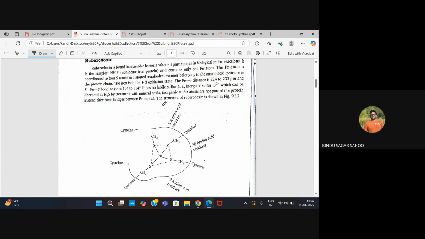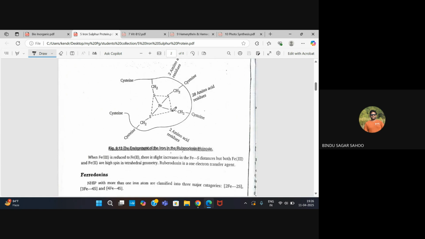Inorganic sulfur is sometimes called labile sulfur. Here there is no sulfur in between the irons, and all these sulfurs come from cysteine amino acid residues. So in rubredoxin, four sulfur atoms are coordinated to one Fe atom, and the structure is like that.